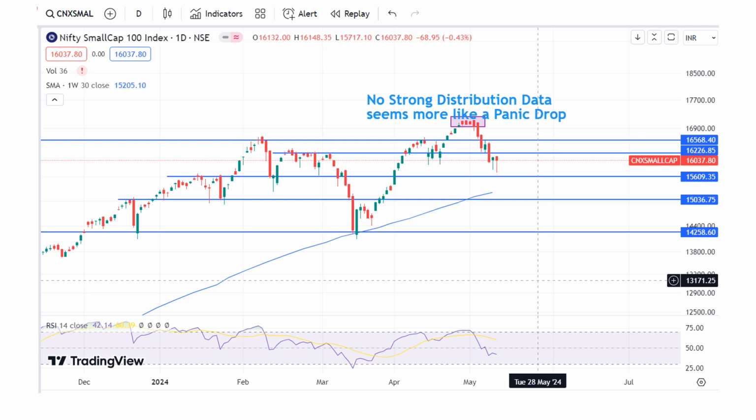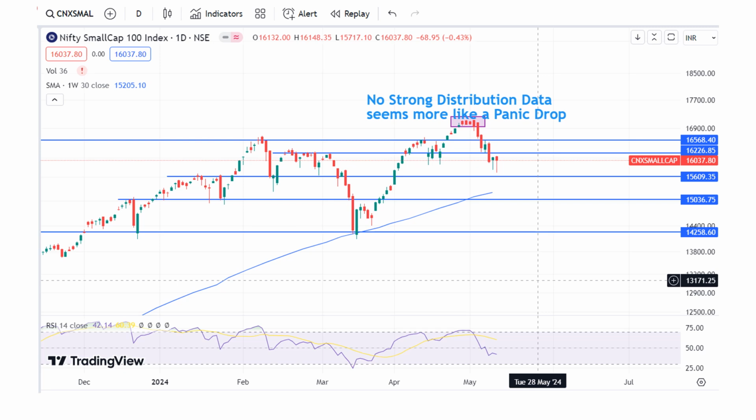So until it crosses that, it's not such a great time to take a call in the small cap index or small cap stocks, because they are going to face resistance once it hits that 16,226 mark.